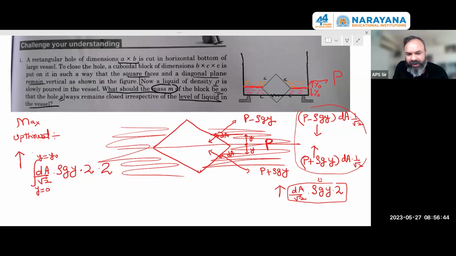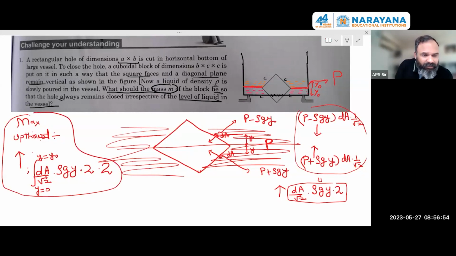I'll make a comment finally whether I need to integrate or not. I mean, that is another question. But just as far as the expression is concerned, I'm quite happy with this, that I've got some maximum upthrust up to this position where these positions are symmetric, and if this is equated with my mg, so I am saying this is the mass which this guy is demanding.